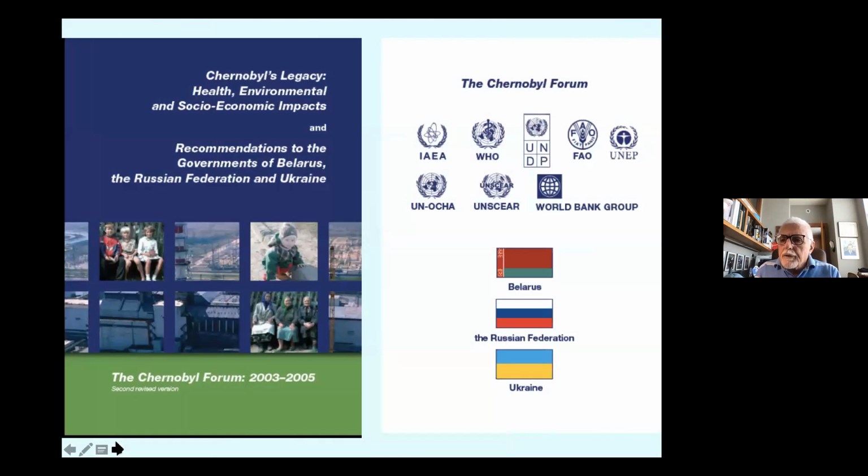Of the 139 people that were on site at the reactor, 29 of them died from acute radiation syndrome. That's either an instant death or a very quick death.